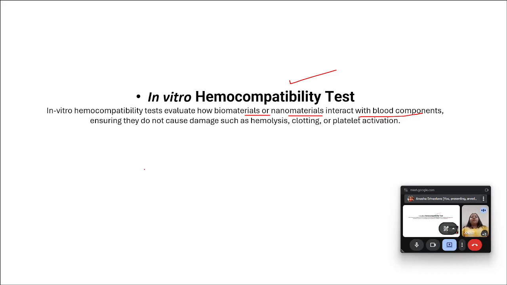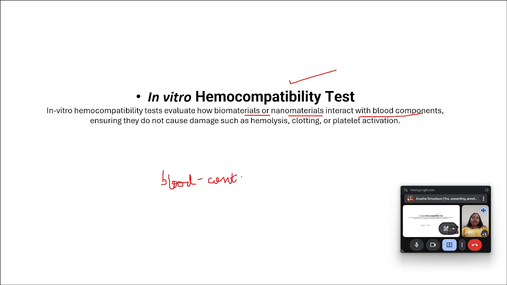So whenever you are making any nanoparticle or nanomaterial that is intended for biomedical applications, there would be blood contact applications, right? There will be blood contact.